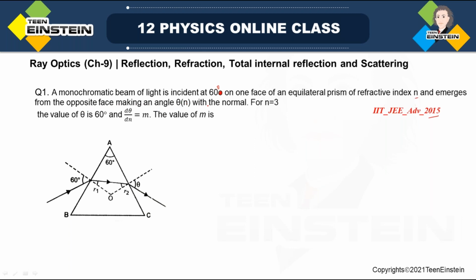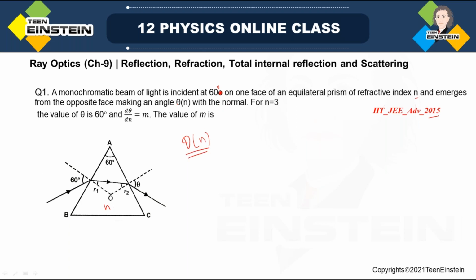This n is the refractive index, so this particular angle of emergence depends on the refractive index n of the material. That's why it is a function of the refractive index, and that's why theta n is being written.